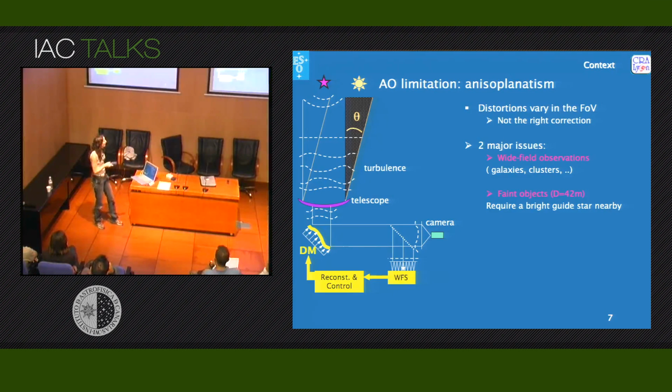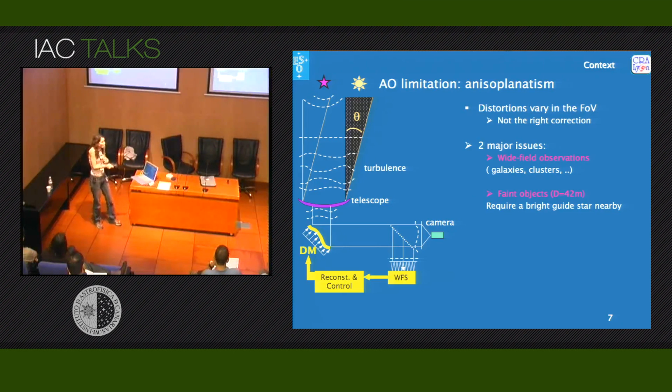So this is a major issue if you want to have wide field observations, and also if you want to observe faint objects, which is the aim of the ELT due to its large primary mirror.